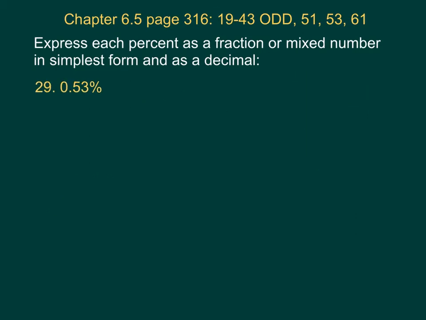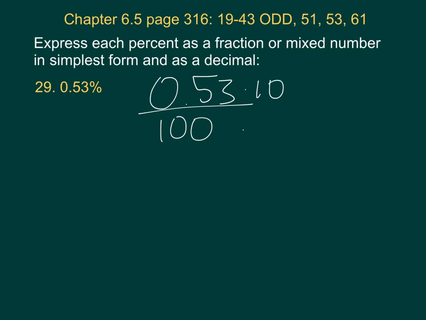This one's just a little bit tricky because we're going to have to move that decimal point over quite a bit. 0.53 over 100. If we multiply it by 10 on the top and bottom, that decimal point will only move over 1 spot.